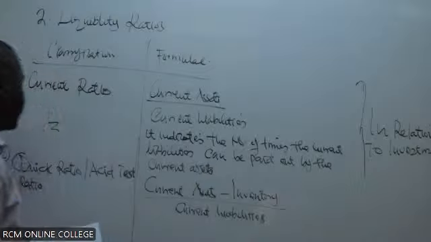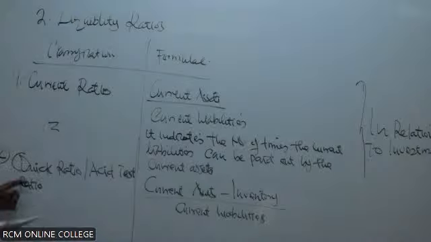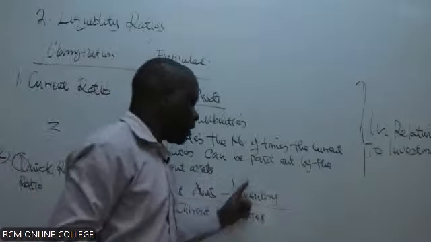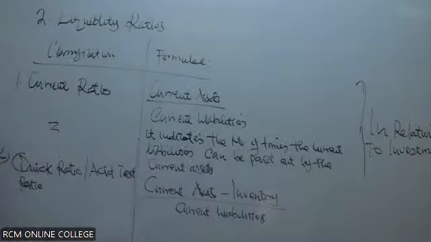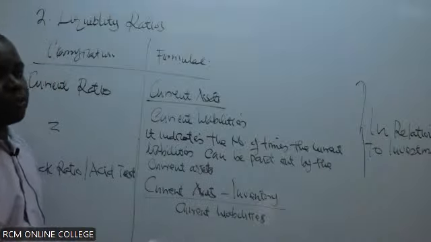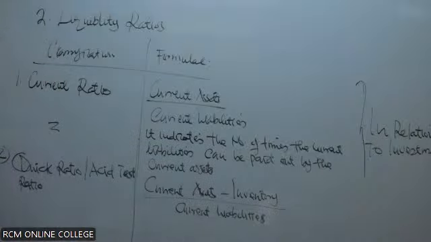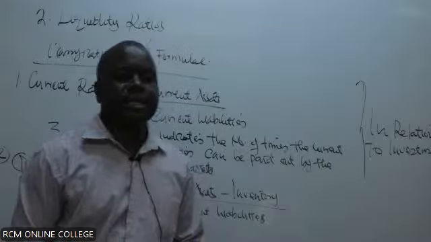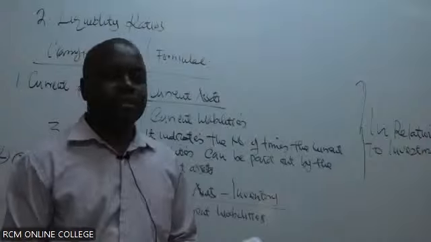It is known as a quick ratio or the acid test ratio because inventory, you cannot quickly convert it into cash. It is not easy to quickly convert inventory into cash. But the remaining assets, you can convert them into cash very quickly. Under the current assets, we can have receivables.